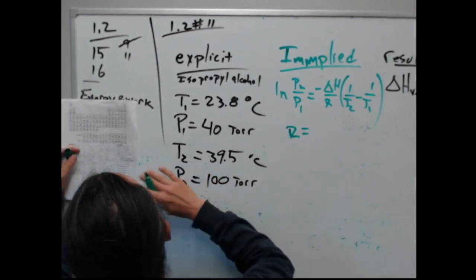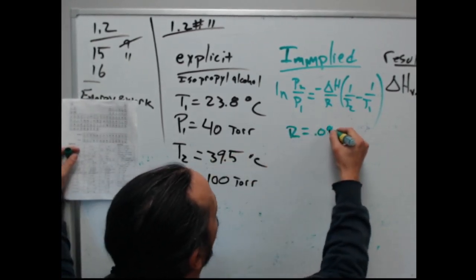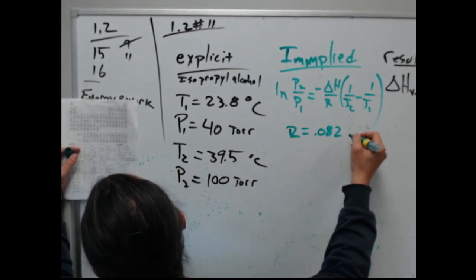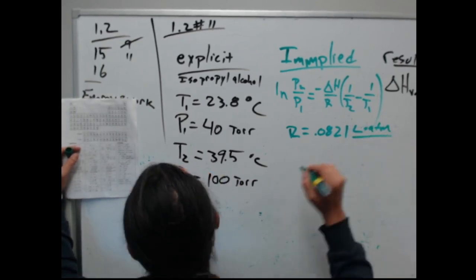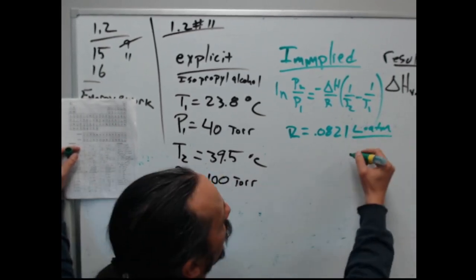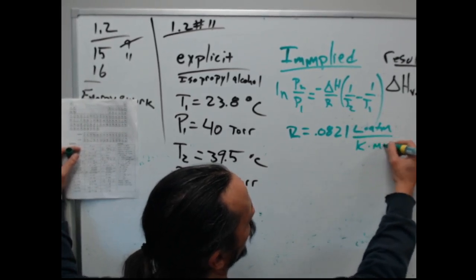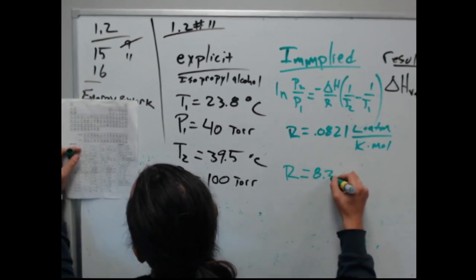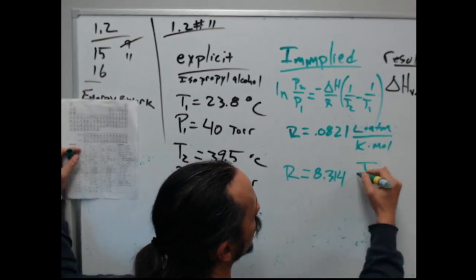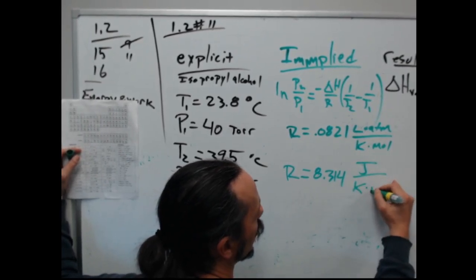I've got one R that is 0.0821 liter atmospheres per Kelvin mole. I've also got an R that is equal to 8.314 joules per Kelvin mole.